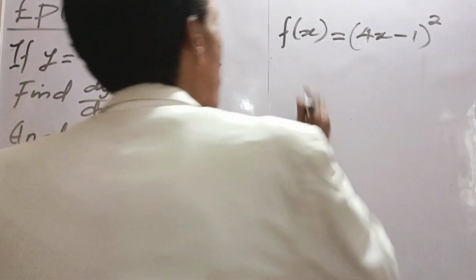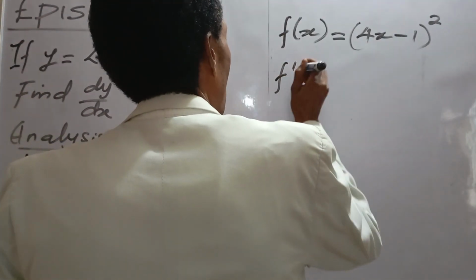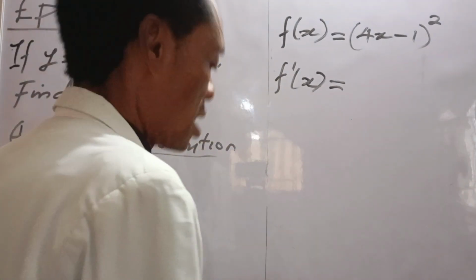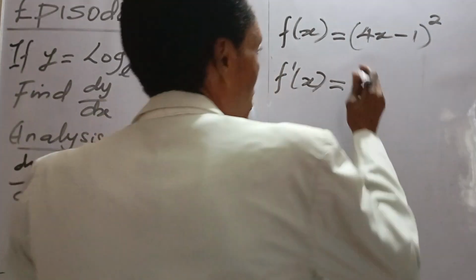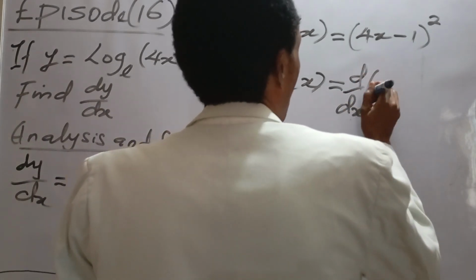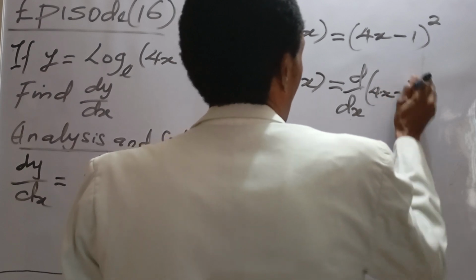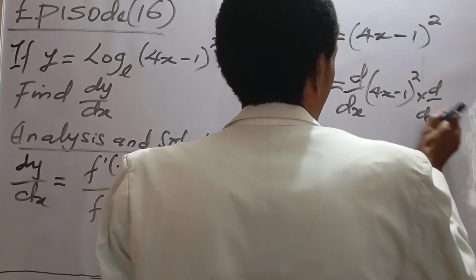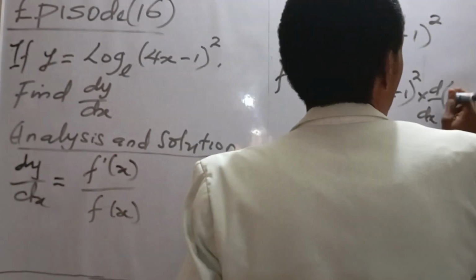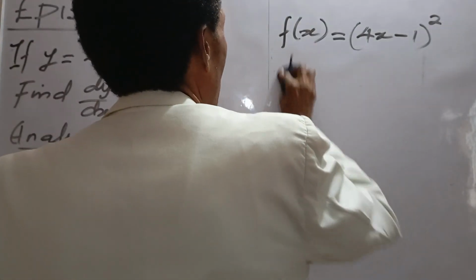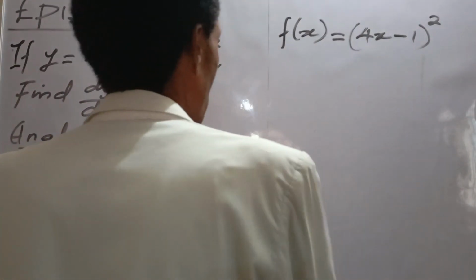So what is your f prime of s? So you have to differentiate this now. So you first of all say... okay, let me just reduce it so that you can see it very well, if possible.